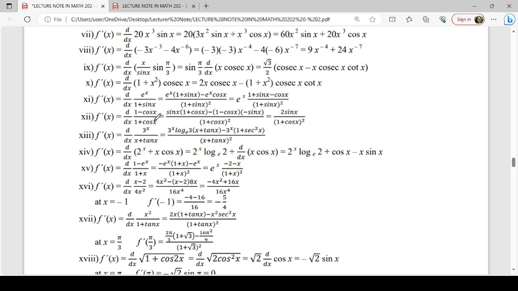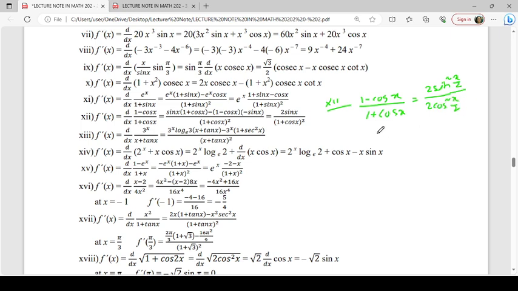Number 12 we can write like this also. By the trigonometric formula, 1 minus cos x by 1 plus cos x is 2 sin square x by 2 by 2 cos square x by 2.